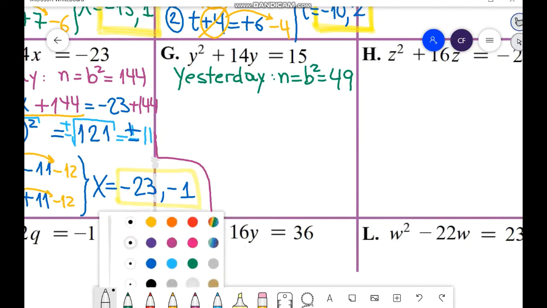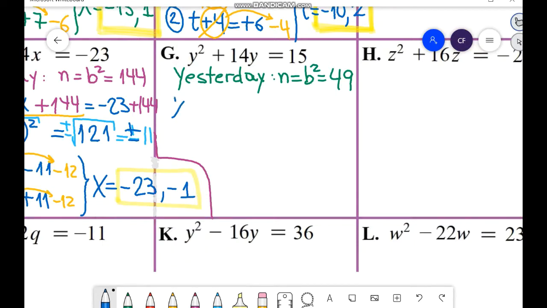Now we apply: y squared plus 14y plus 49 equals 15 plus 49.